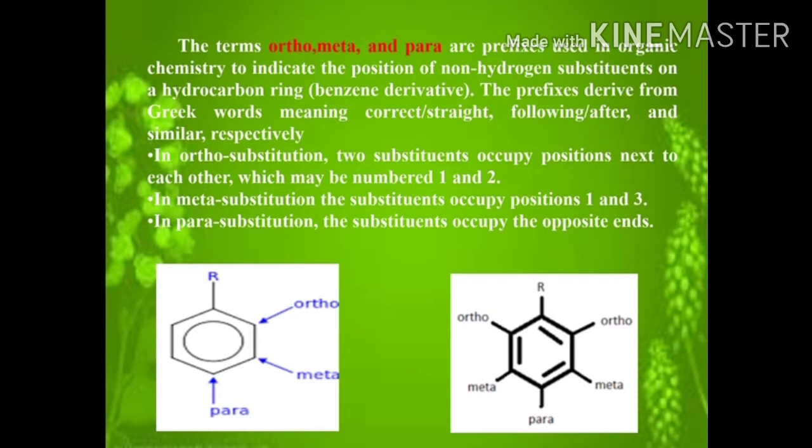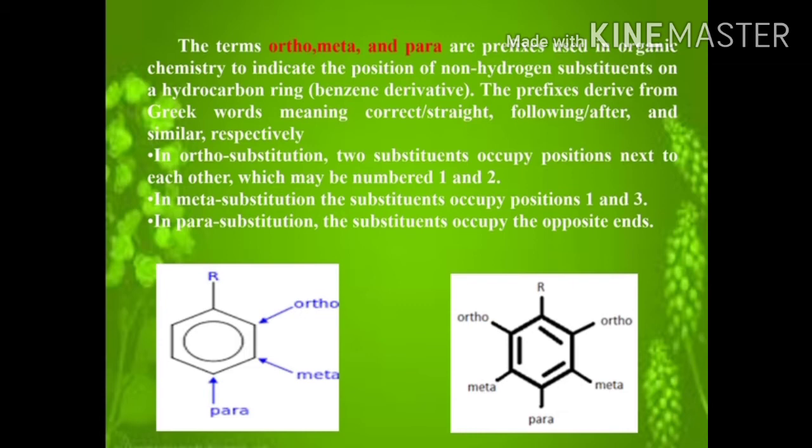If two substituents, which may be the same or different groups, are present in the 1 and 2 positions, that is called ortho. That means two substituents occupy positions next to each other. That is called ortho substitution. Normally, two ortho positions are possible in benzene derivatives.